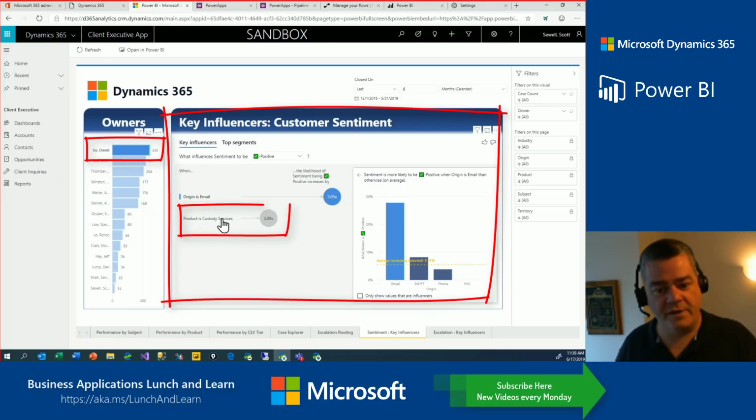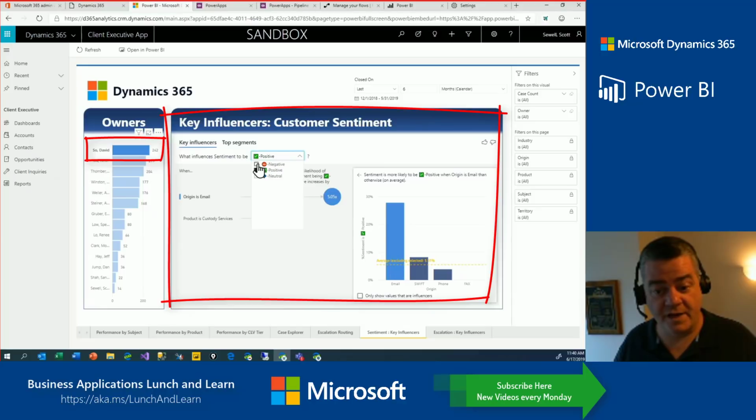But in this case, the first time we looked at it, the subject was maintenance. Now, for David, when he is dealing with custody services in a financial services organization, if he's dealing with custody, he's 3 times more likely to result in a positive score. That means David's probably doing something or handling these cases in a really strong way, which is great because we want to learn from what David's doing and apply that across the organization.